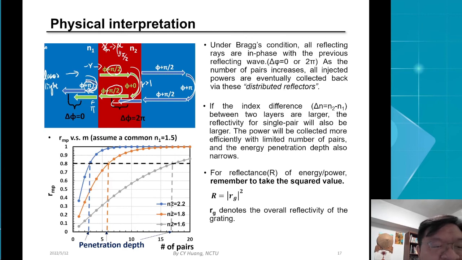So the phase difference between the first reflected ray and the second reflected ray is delta phi equal to 0. So the two reflected waves are in constructive interference.